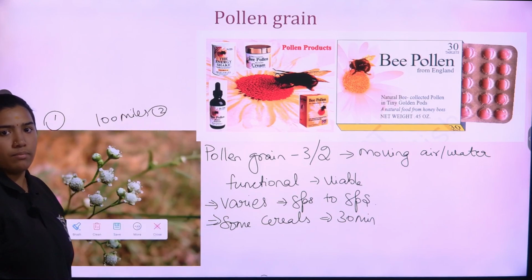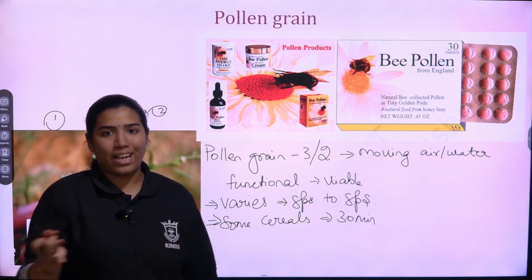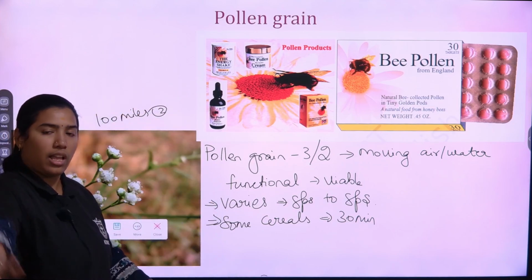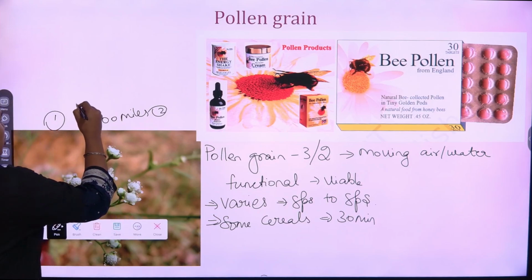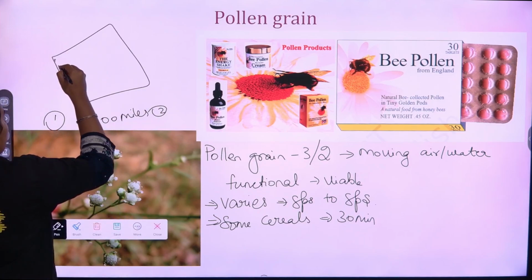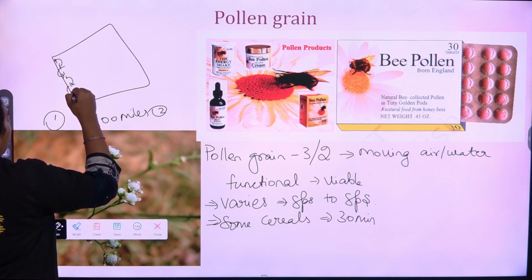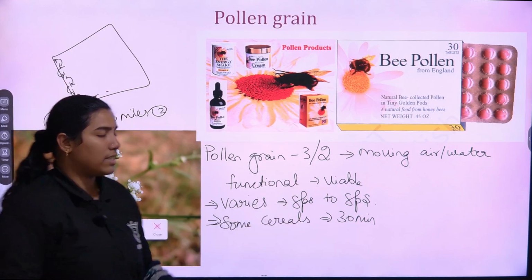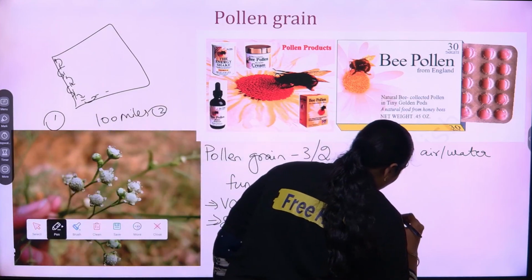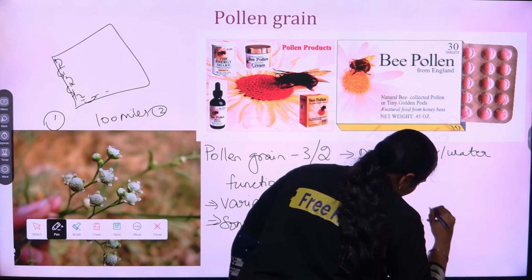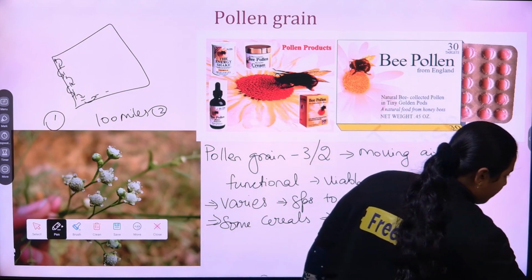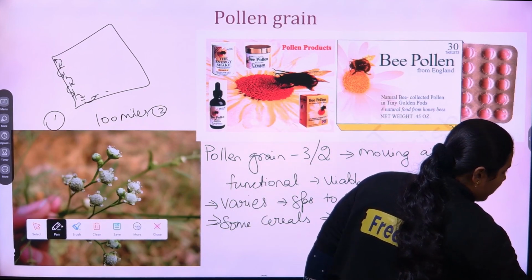What are cereals? Wheat, rice. They don't grow one rice plant here and another rice plant somewhere far away. We usually cultivate them close together, so they can easily pollinate and achieve their result. So the viability of these cereals, which are commonly wheat, rice, maize, is really 30 minutes.